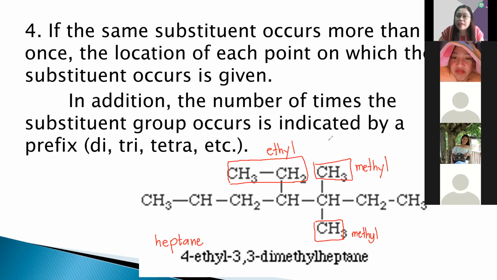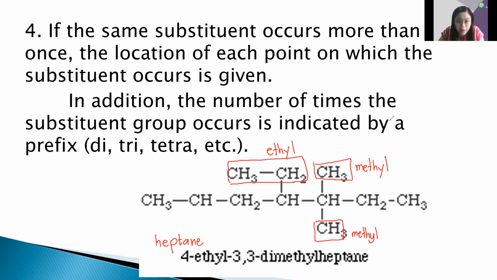We will now identify where we will number. Okay? If we start here, 1, 2, 3, 4, 5, 6, 7, where do we get our first substituent? Here at carbon number 4.